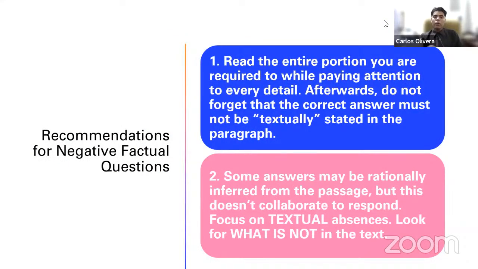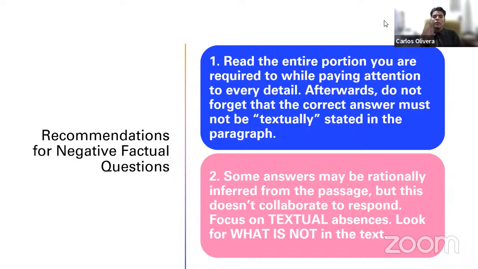Read the entire portion you are required to while paying attention to every detail. Afterwards, do not forget that the correct answer must not be textually stated in the paragraph. That is what you're looking for in this case, that the correct answer is not going to be textually stated in the paragraph. Maybe you can infer it, but in this case, it's not recommendable for you to infer in any case, okay?